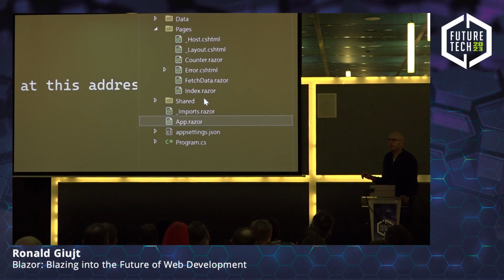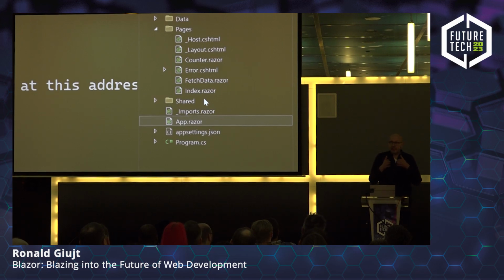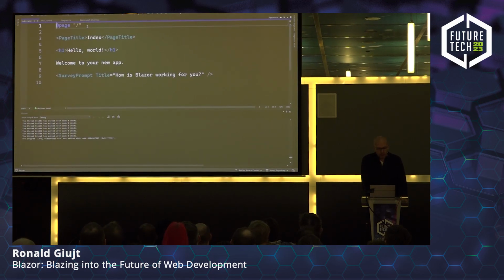So one thing to remember is a page is just a component. A component is not necessarily a page, but a page is always a component. The only difference is that a page is a component that has this page mapping going on, right? So for example, when I go to index.razor, you see this page directive.